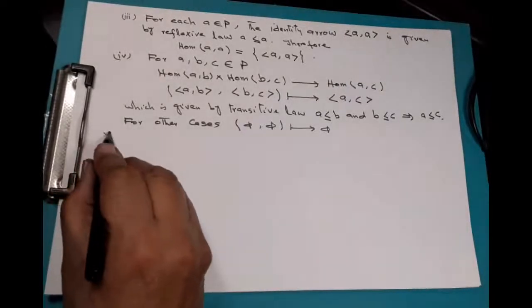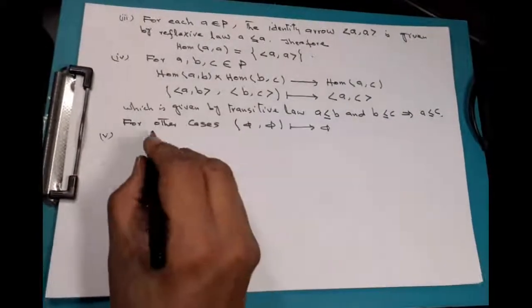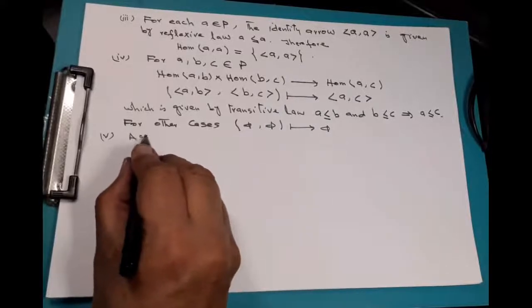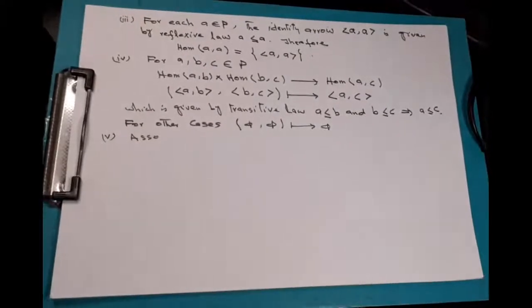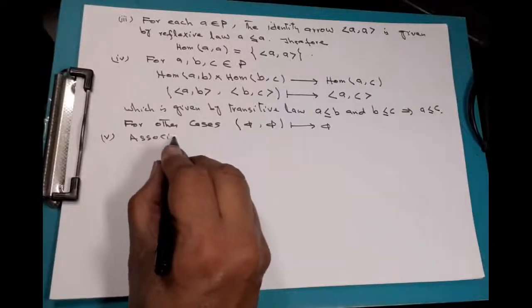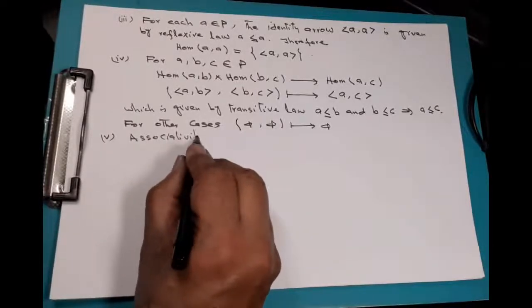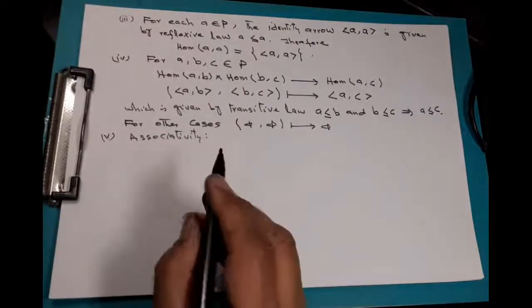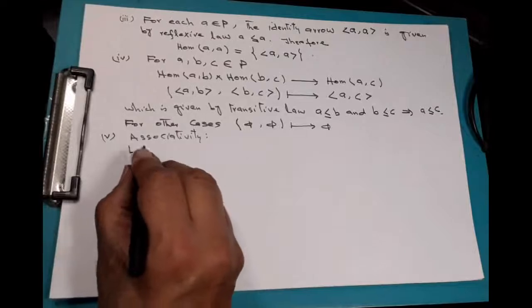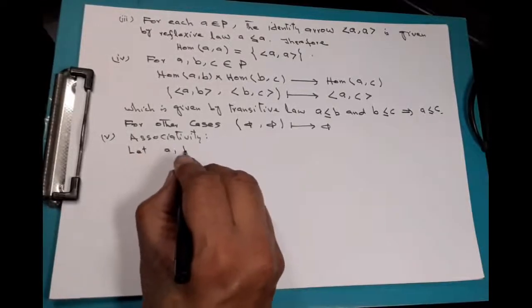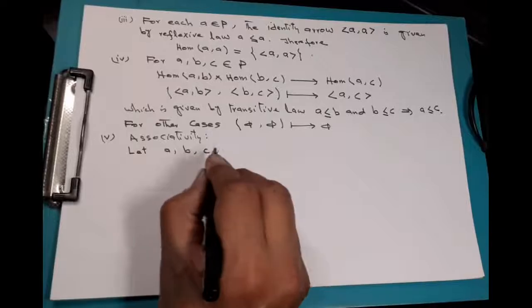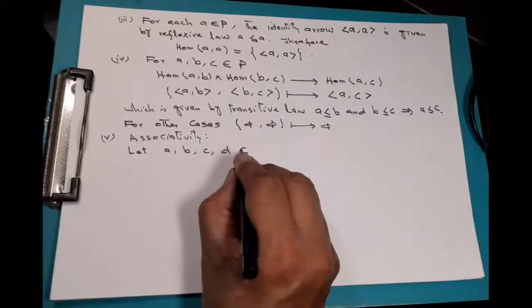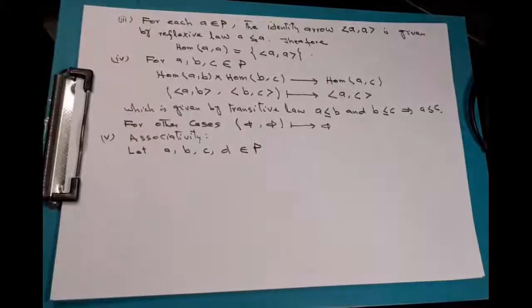Next we come to associativity. So for associativity, let A, B, C and D be four elements of P, which are in fact objects of our category.